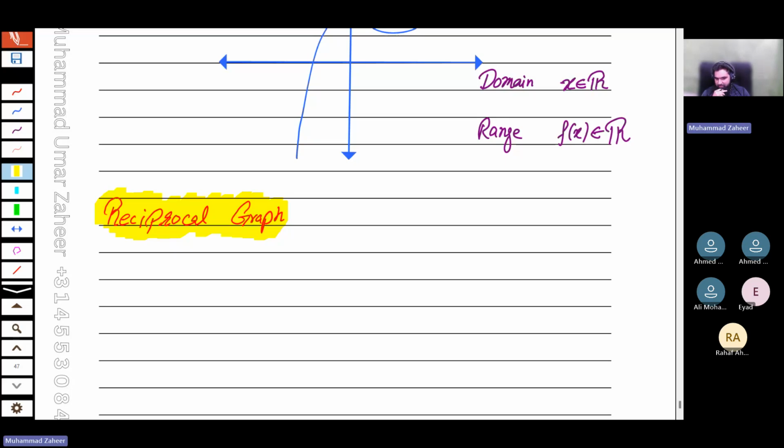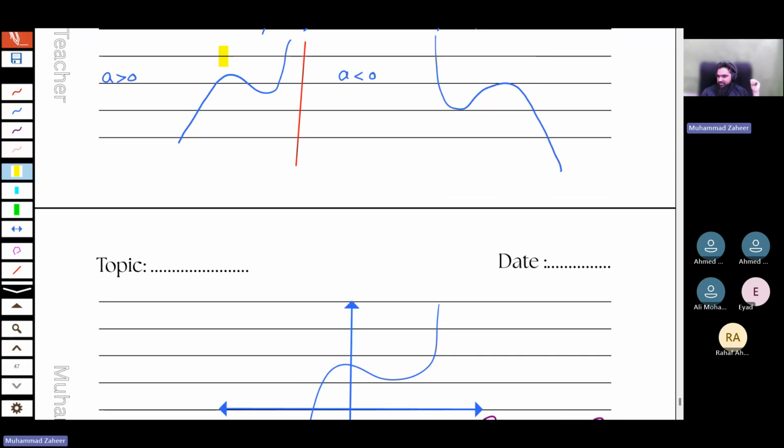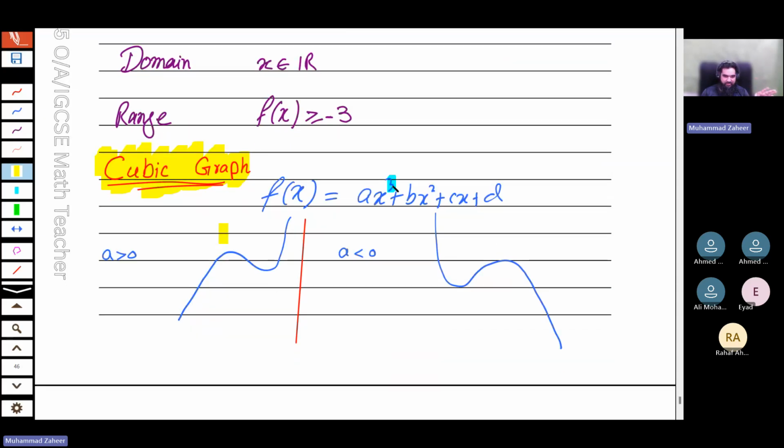Yes, for a cubic graph, but obviously sometimes there is a restriction in the domain, and sometimes you have a cubic graph in which there is some change. For example, I'm going to draw a graph of a basic ax cubed like this.